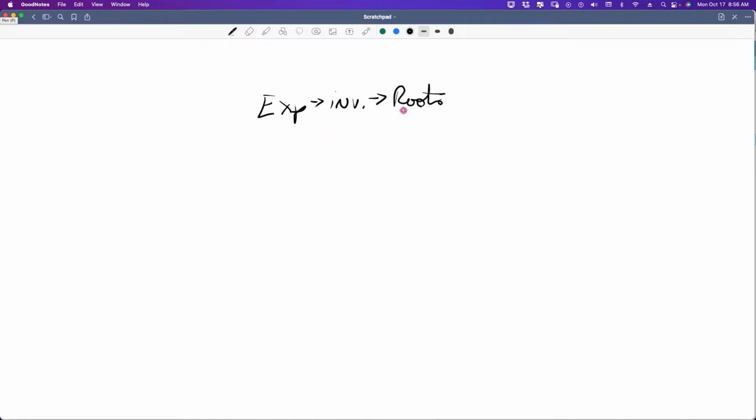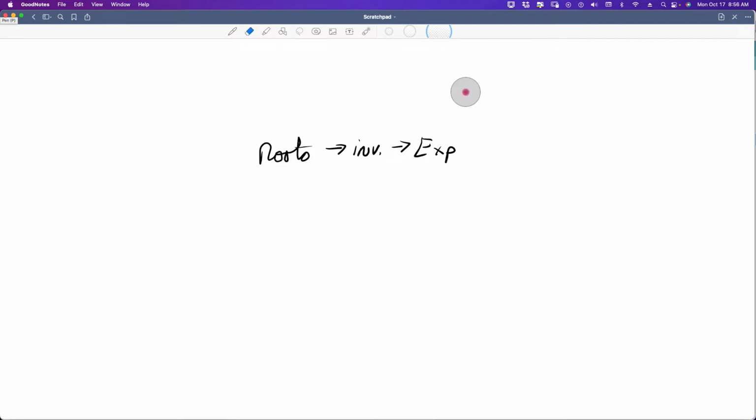All right, and the inverse operation to roots, the inverse is exponents. So I guess here's the way I want to write this. Addition and subtraction are inverse operations.